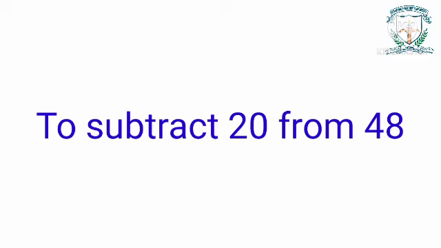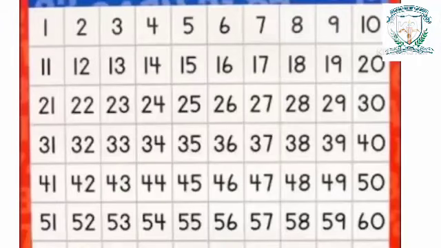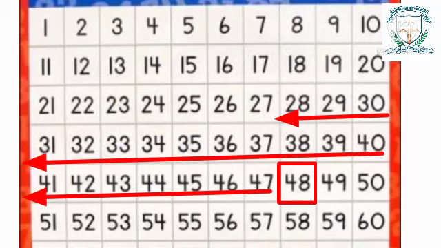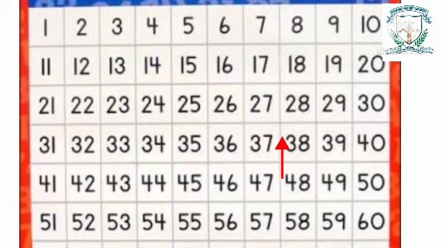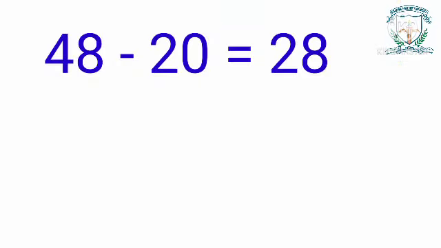Now, to subtract 20 from 48, we have to move 20 steps backwards, that is from 48 to 38 and from 38 to 28. So, we get 48 minus 20 is equal to 28.